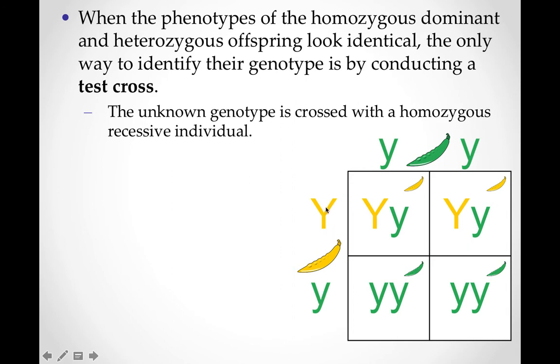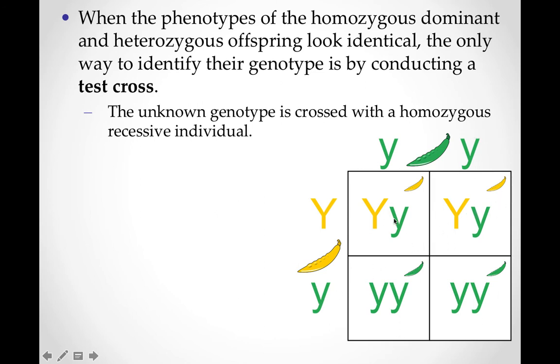But since it has capital Y, lowercase y, we're going to look at what the offspring are. The mother gives the capital Y, the father gives the lowercase y. That means it's yellow. Same here. Mother gives this one, father gives this one, so it's still going to be yellow.